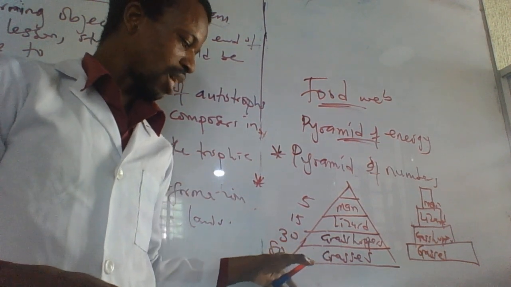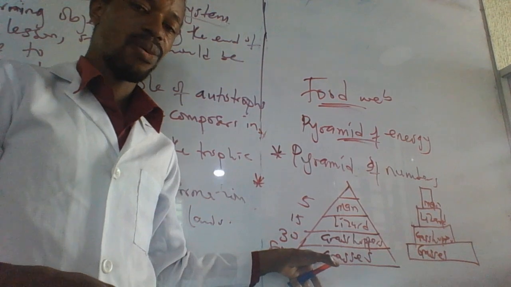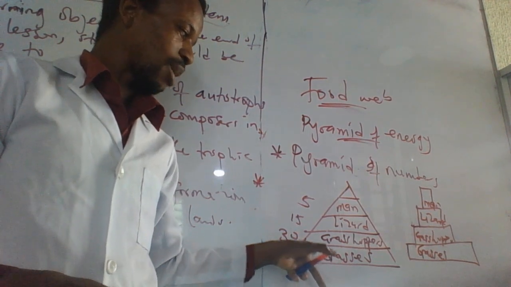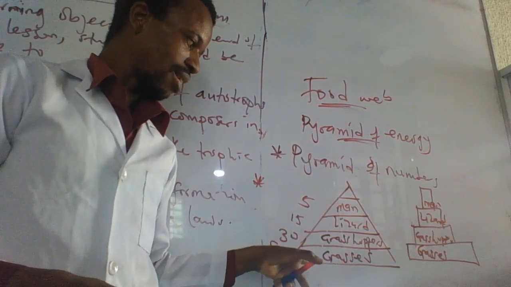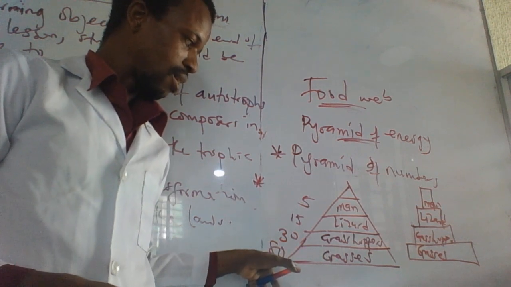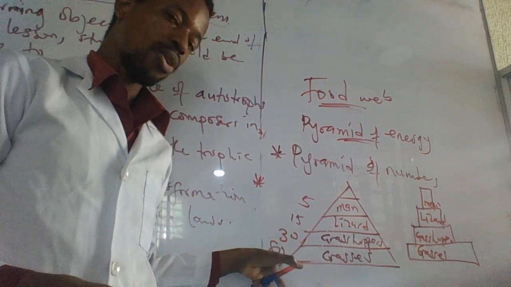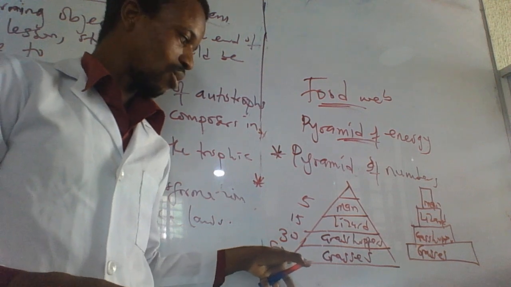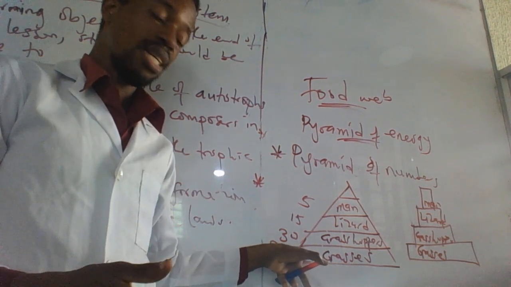There may not be as many as this 80 for grasses. In a particular land or forest, you may not have up to 80 grasses, but you can have maybe 2,000 spirogyras, or 2,000 autotrophs. There is more than this.